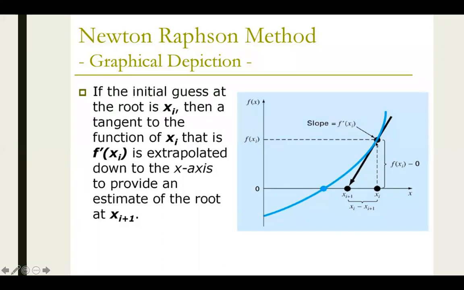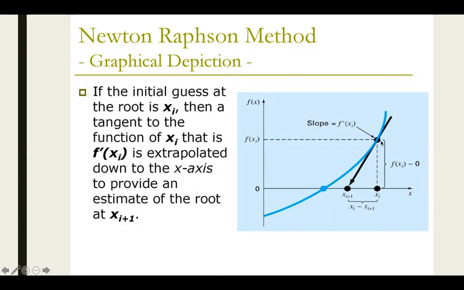Or we can also say that is the slope of the tangent. What will be the slope of the tangent? It should be delta y upon delta x. What will be delta y? At this point, we have f of xi, and here we have function value 0.